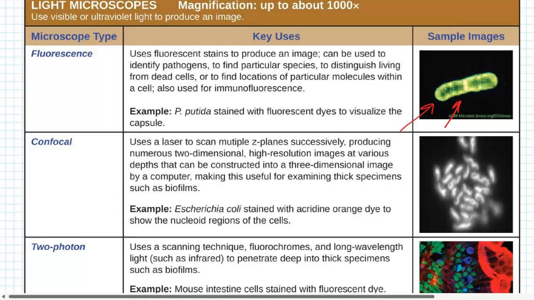Anyway, some cells fluoresce naturally. For others, you can have special dyes. Okay? So this is Pseudomonas putida, a microorganism that you can stain with a specific fluorescent dye, and it will, well, fluoresce when you expose them to black light. The advantage of this method, there are reagents, let's call them this way, that will bind or stain only a certain type of cells.